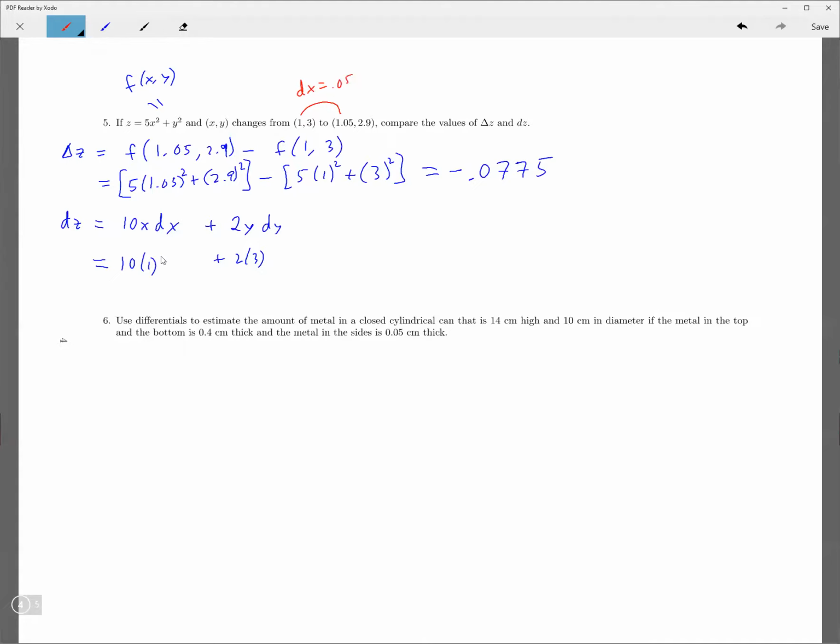It increased by 0.05. Okay, and then here it went from 3 to 2.9. So that means it's a decrease of, from 3 to 2.9, negative 0.1, right?